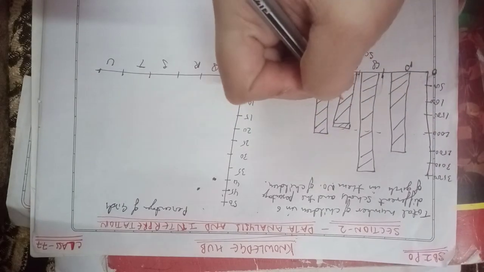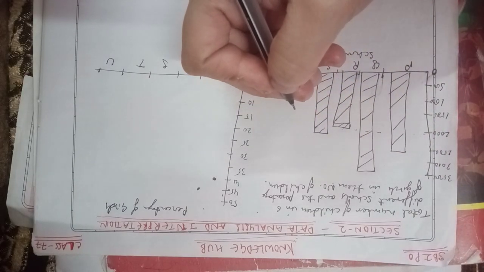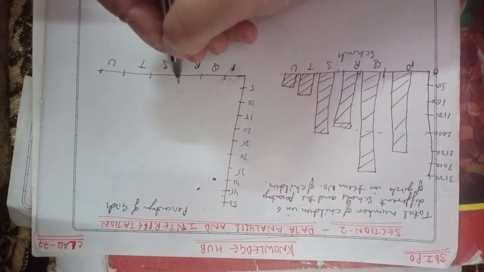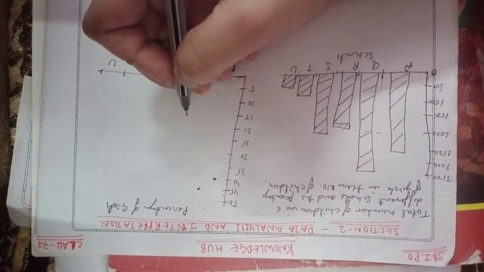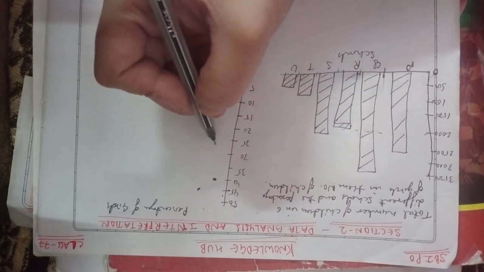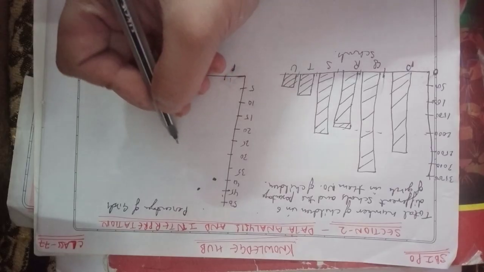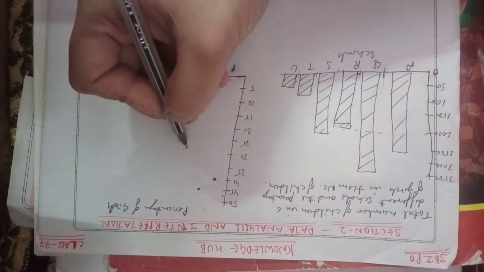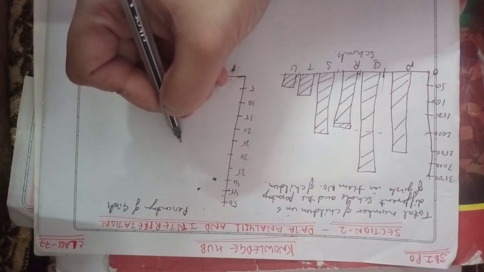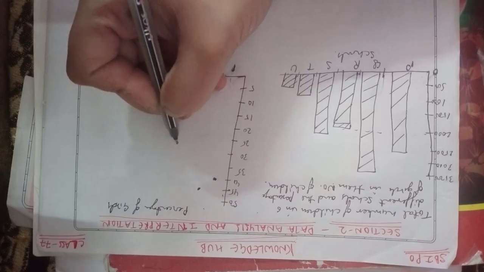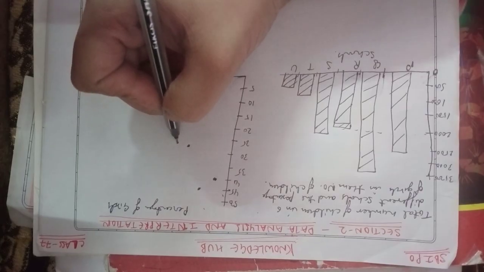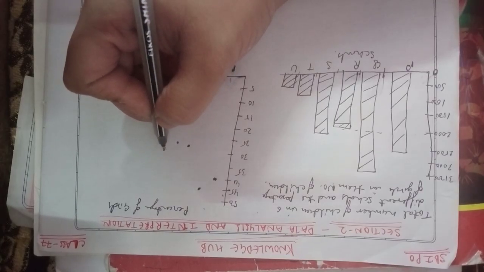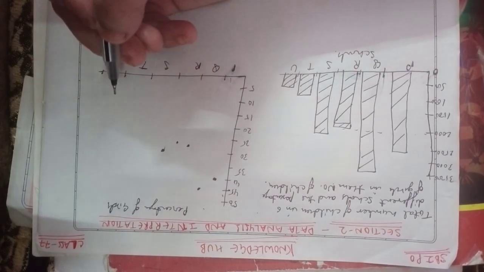So we'll be going to the diagram, as I mentioned here itself. For R, here itself we have between 25 and 30, it will be here itself. Then S is on 30, so this is the 30.